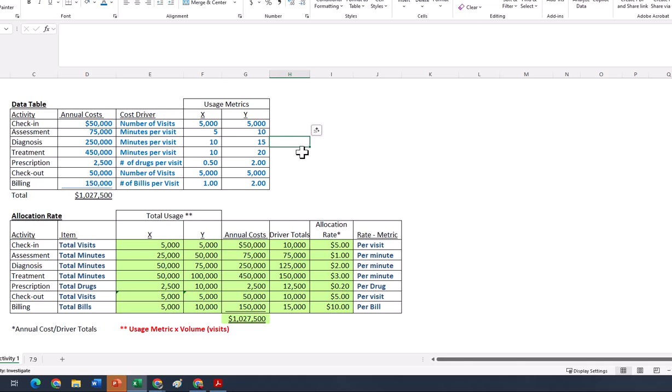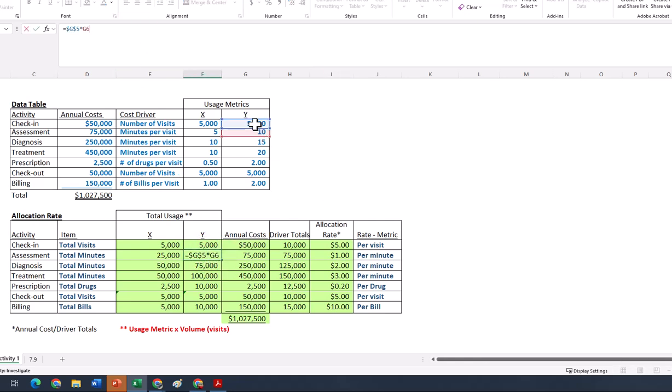And then here's where it gets tricky. Here's where the students, if they get it wrong, here's where they get it wrong. The assessment, we have total minutes. So we have to take the visits times the minutes per visit to get total minutes. You see that?